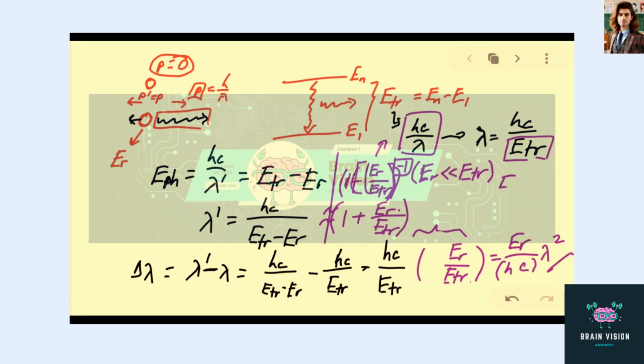So this is our final expression for the change in the wavelength due to the recoil energy.